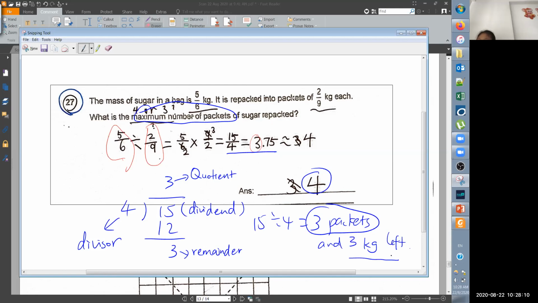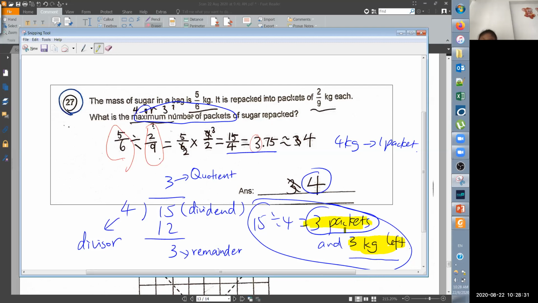In order to form another packet, you need 4 kilogram, because over here, 4 kilogram is 1 packet. Clearly, you only have 3 kilogram left, which is not enough to form one packet. So the max is 3 packets.